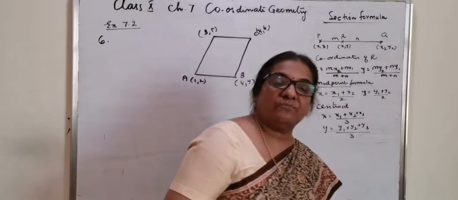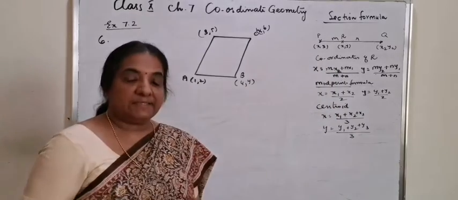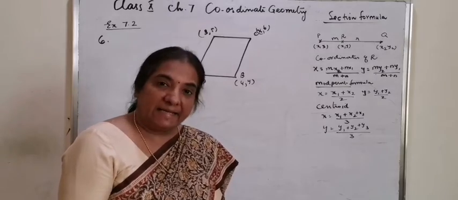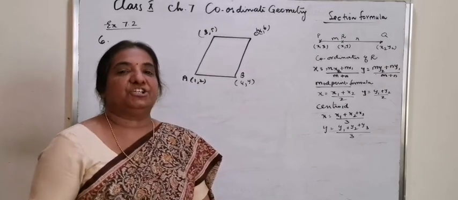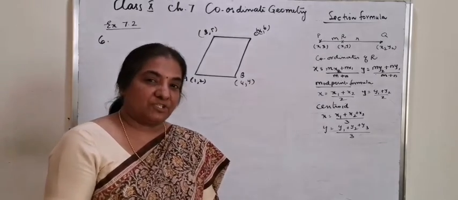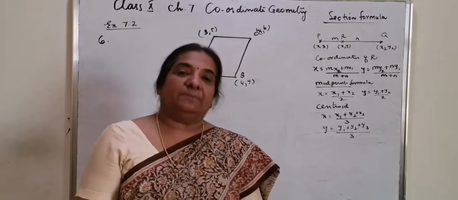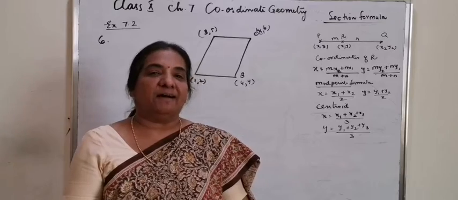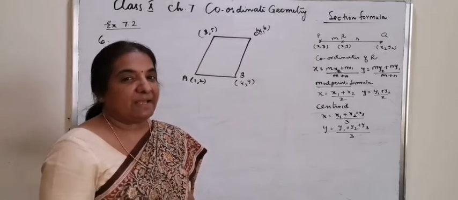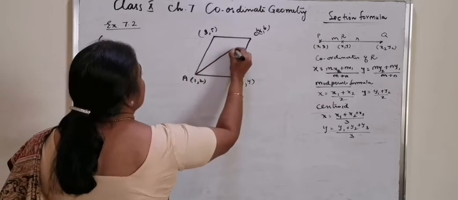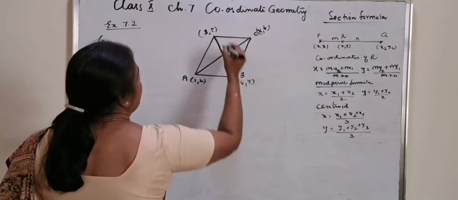This question is also a very important question, and the concept we are using here is that the diagonals bisect each other in a parallelogram, which shows that the midpoint of diagonal AC and the midpoint of diagonal BD are equal. So to apply that concept, let's join diagonal AC and diagonal BD.